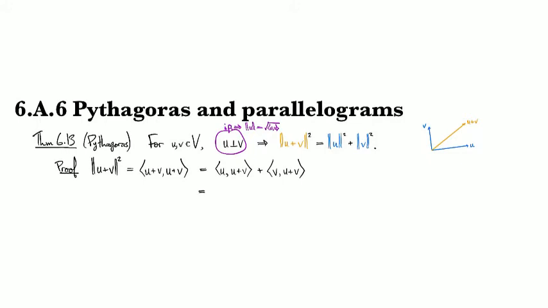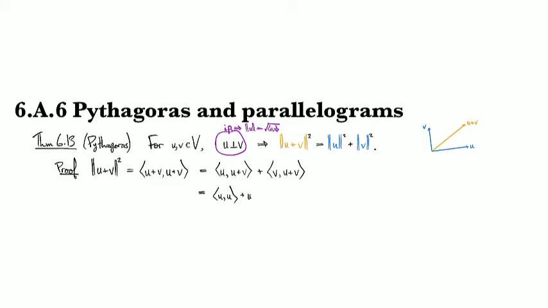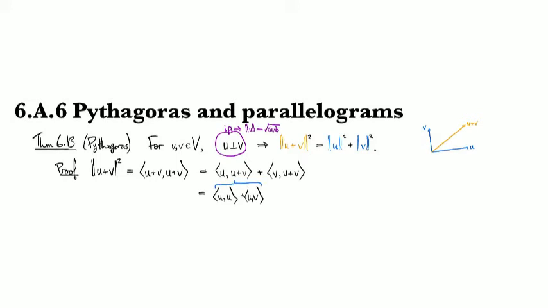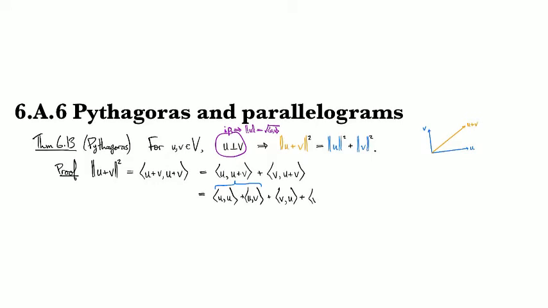So the first one becomes u u plus u v. Gosh, I can't talk right today. Okay, so these are both from that first one. And then the second one gives v u plus v v.